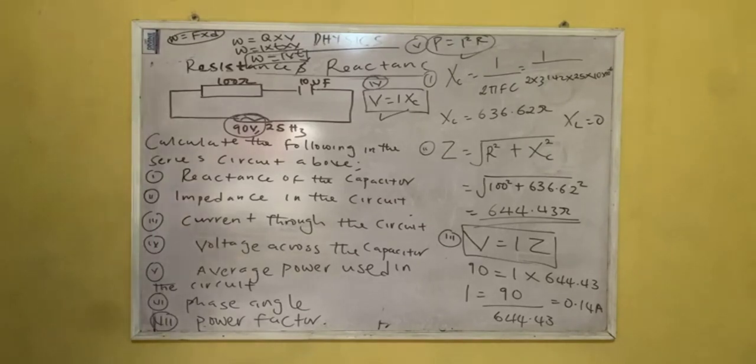I need an answer from you. Drop it in the comment section. The power factor, I derived the formula for you. I need an answer as well. So give me the answer to number 1, the power factor, the phase angle. Drop it in the comment section, and then I will know if you are correct or not.